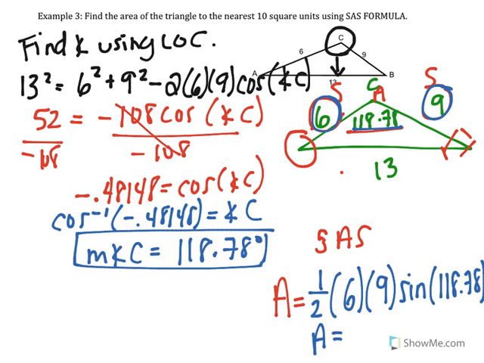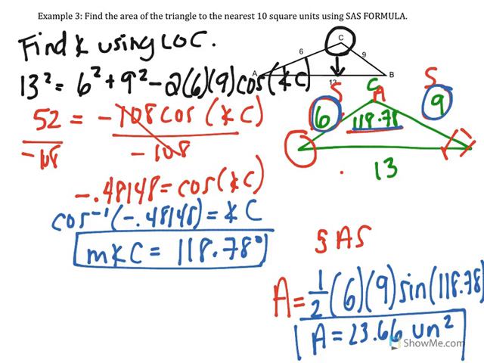Your area is about 23.66. And it says on the directions to the nearest 10 square units. So I'm not going to say the nearest 10, but I'll just leave it like that. You can leave it like that. 23.66 units squared. If they give you inches or meters or anything, use that.